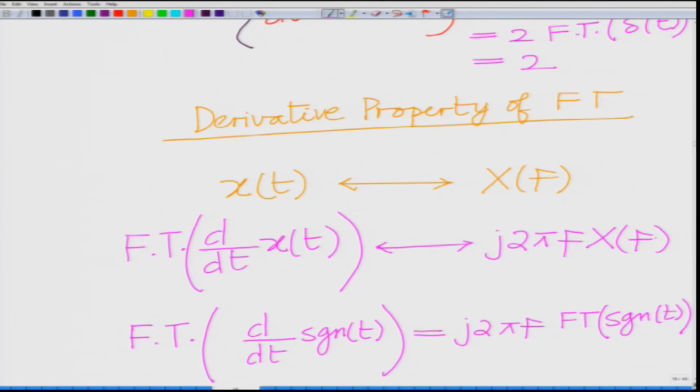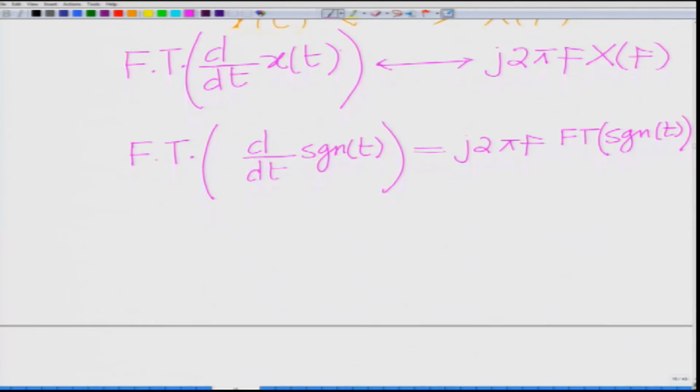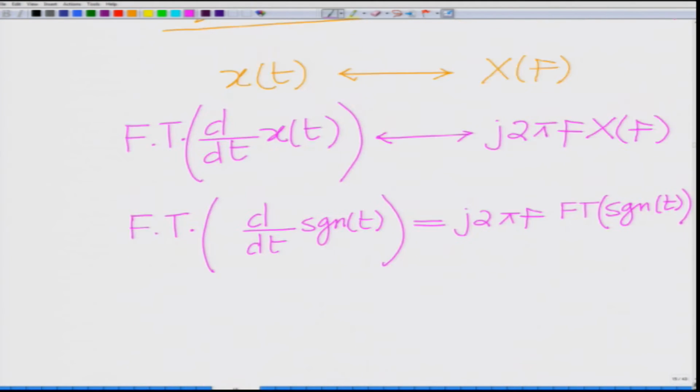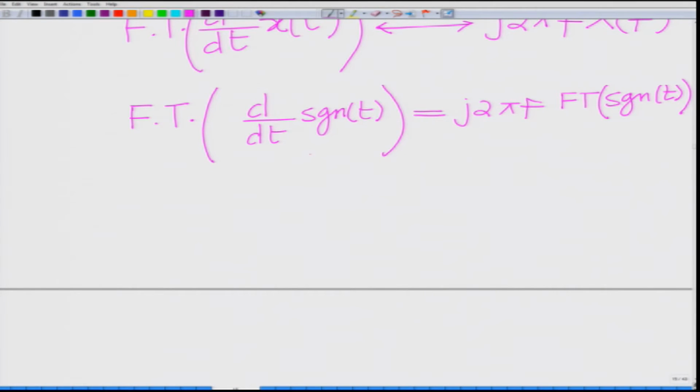However, we have already seen that the Fourier transform of the derivative of sin t is 2, and from above, these two must be equal.